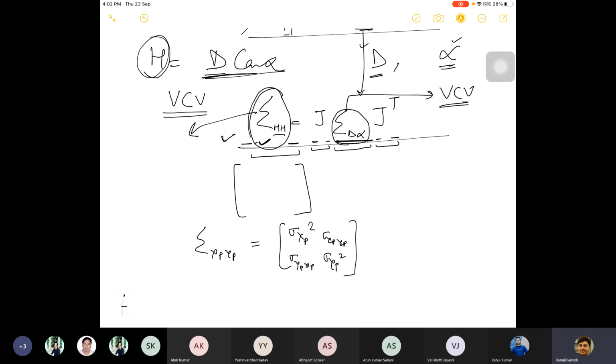But since there is only h, if the dimension is 1 cross 1, there will be only one component. Is it clear or not?